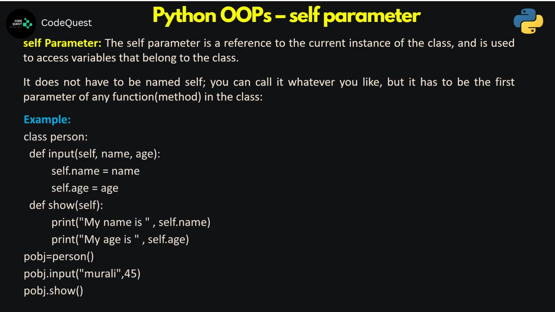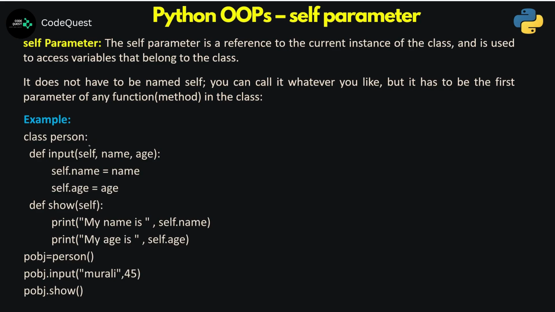Okay. Now let's see an example here. So here I took a class called person. And here I am trying to define one method, that is input. And if you can count, there are three parameters here. And out of those three parameters, as you can observe, the first parameter is nothing but your self.